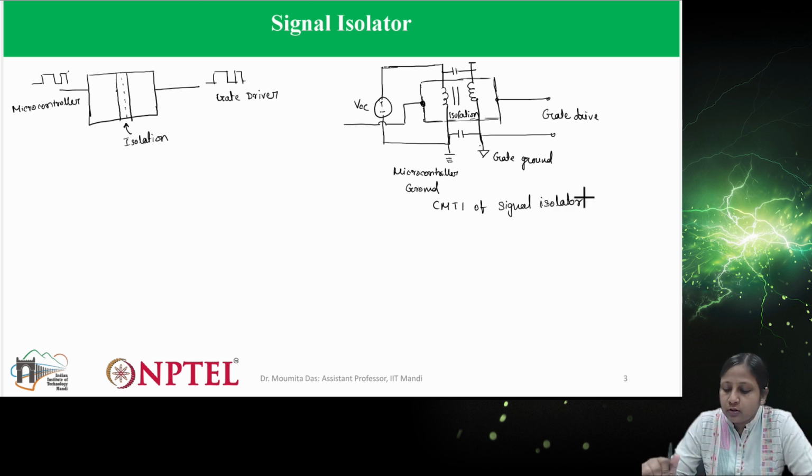This is generally provided within the signal isolator chip, so we just need to look for the properties which we will be needing for any particular device.